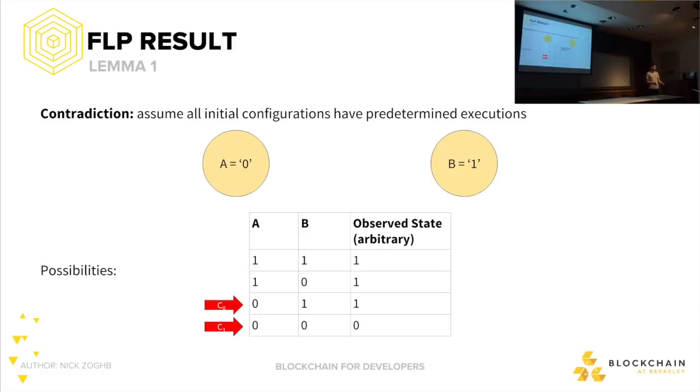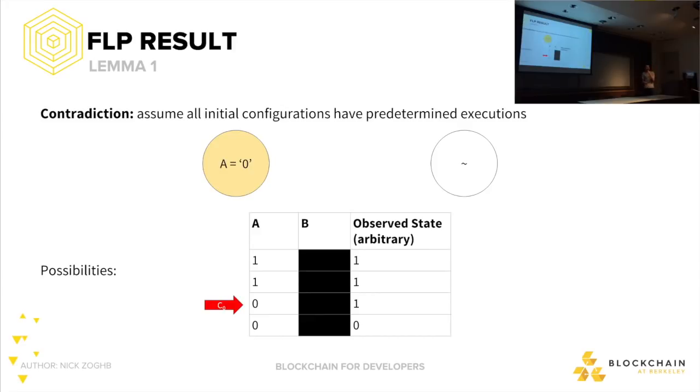Okay, what if it goes down? What if B goes down right now? How does that affect our system? So we say for C0, with the configuration that we had, if B goes down, then we have an output of 1. Right? But then we say for C1, which has the same predetermined execution, basically, we say that that has an output of 0.